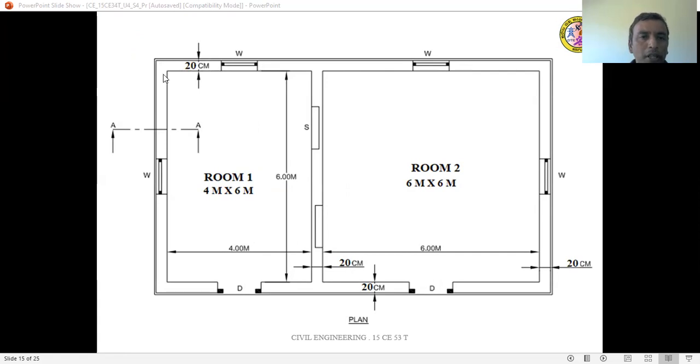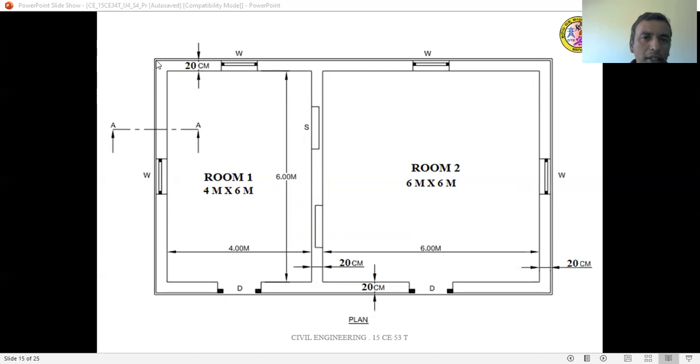In this picture, the width of the wall is 0.2 meter. Again, here to here horizontal distance is 4 meter. Again, the width is 0.2 meter. Again, here to here horizontal distance is 6 meter. Again, here to here the horizontal thickness of the wall is 0.2 meter. By adding these values, you will get the length of the RCC slab.